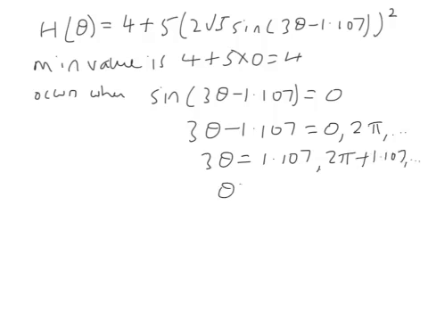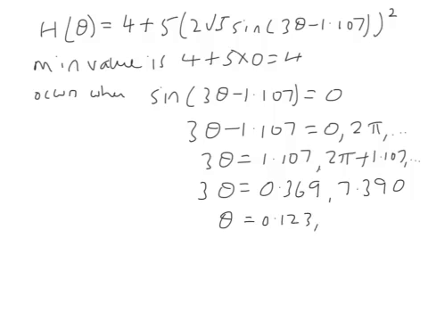So theta is 1.107 divided by 3, or 2 pi plus 1.107 divided by 3. So that's 0.369, or 7.390. Remember, it's 3 theta, not theta. So now divide by 3, we get 0.123, or we get 7.390 divided by 3, which is 2.46.